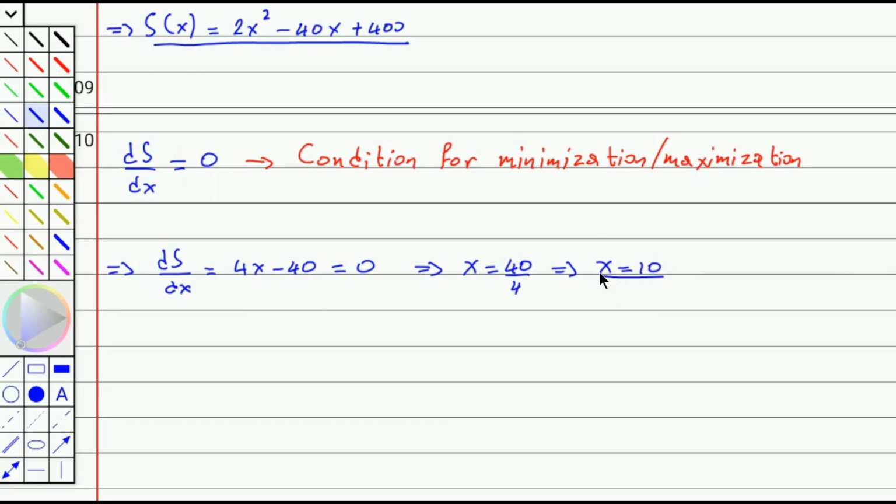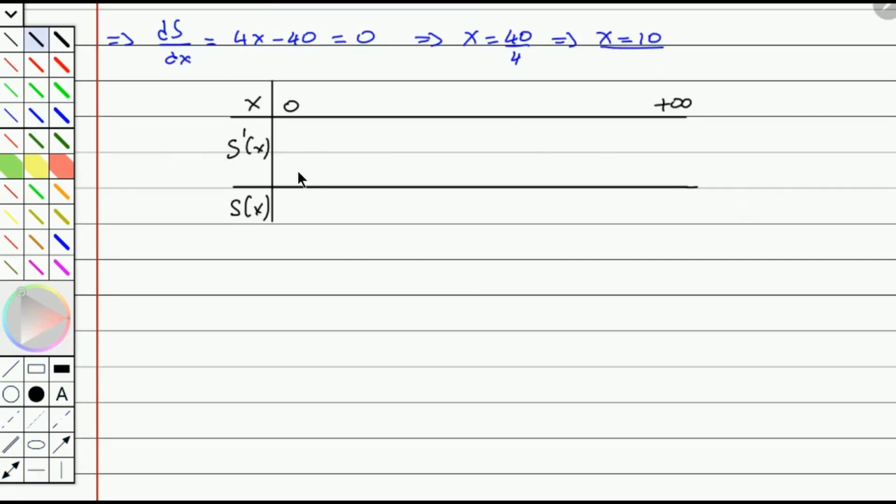All we have to do now is verify that for this value S is minimum by constructing the sign table. Notice that the domain of x is from 0 to infinity and not from negative infinity to positive infinity, because x and y as well are positive or 0 numbers.